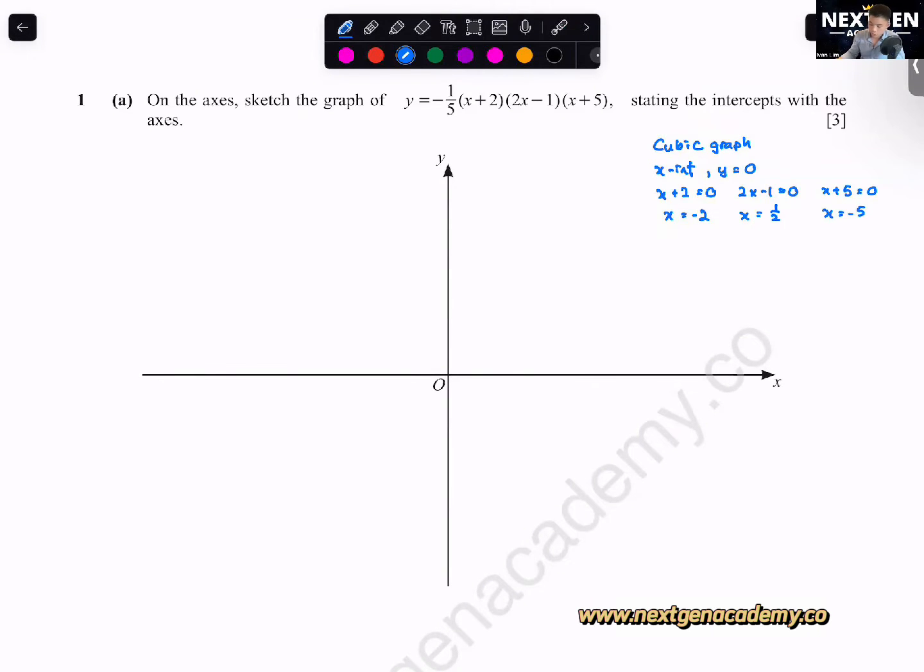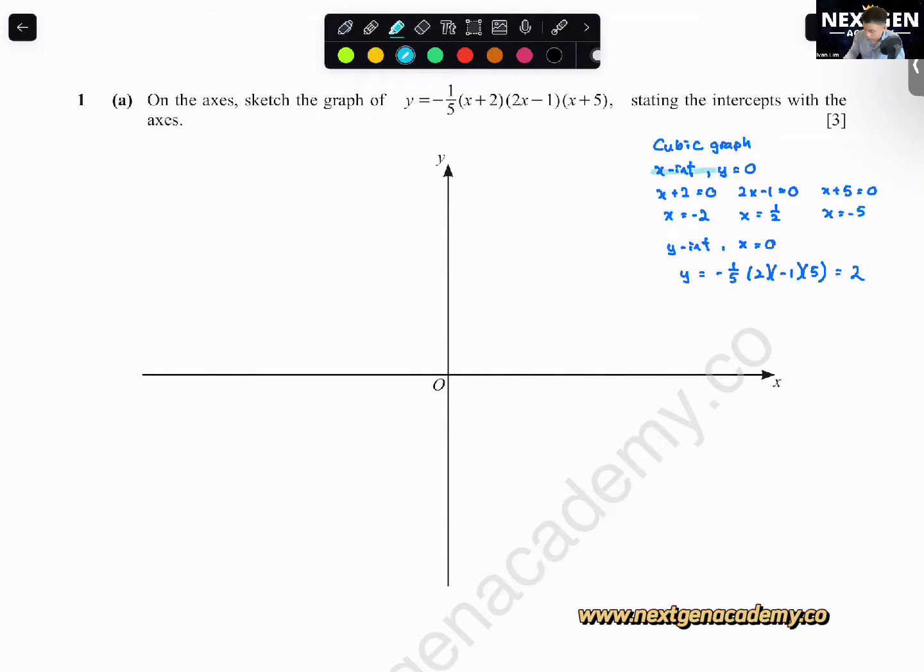The next thing to find is the y-intercept, which is when x equals 0. You substitute in negative 1 over 5. You don't need to keep writing the 0; the terms with x you just take away. So you get 2, negative 1, 5, and you get 2.